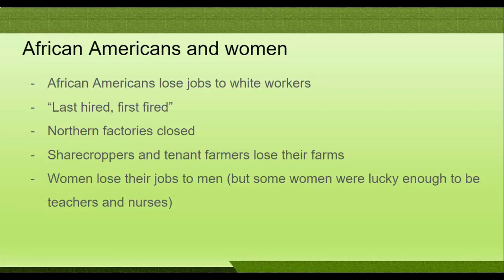So unfortunately, sharecroppers and tenant farmers are really hard hit. Some women were lucky enough to find jobs as teachers and nurses. But for the most part, if a factory owner had to choose between a man and a woman, they would choose the man because he needed to feed his family.